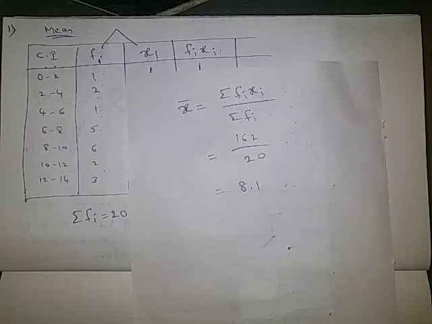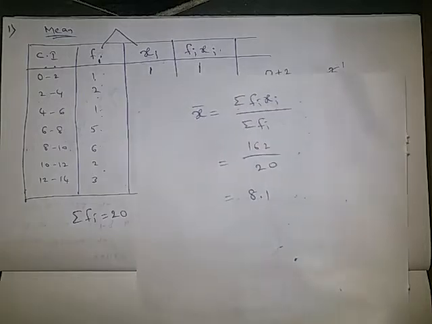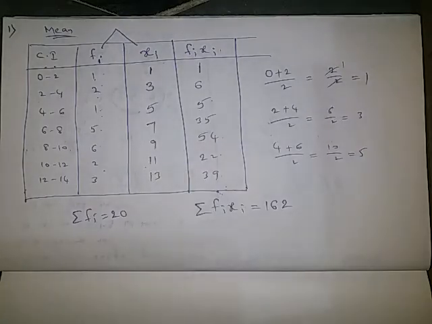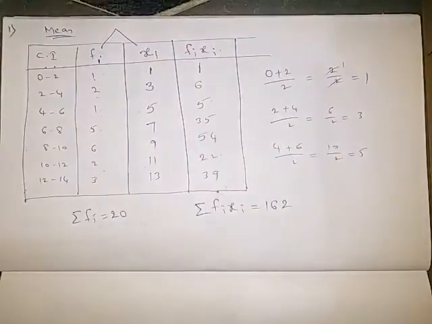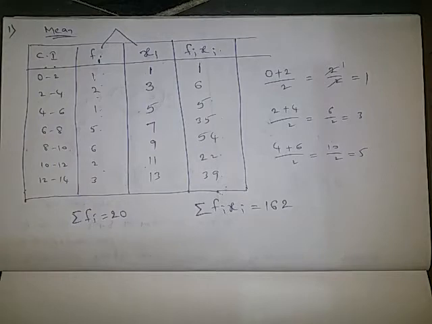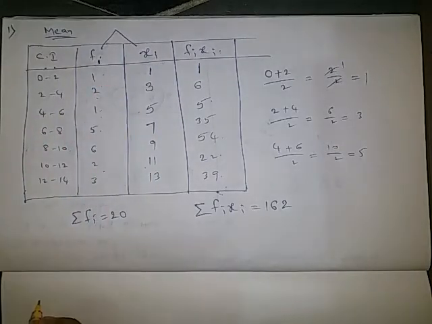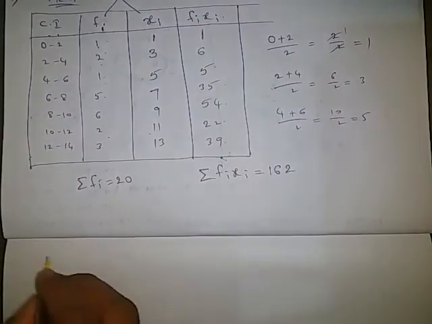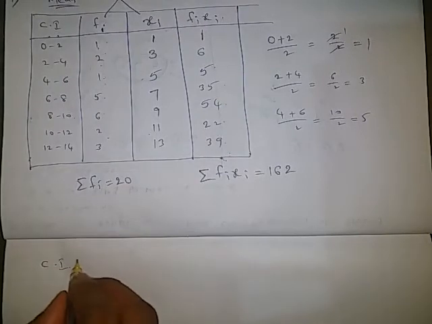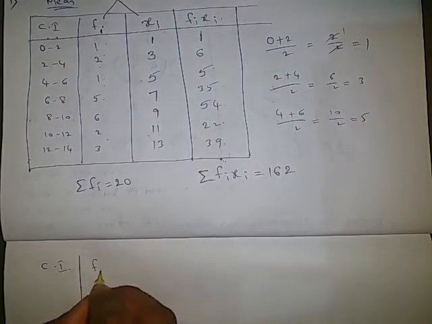After finishing this direct method, let us move to the assumed mean method. Again, this assumed mean method I am going to solve on the same question. It means the same class intervals and the same frequencies. So let us write that now. Class intervals in the first column, frequencies in the second column.